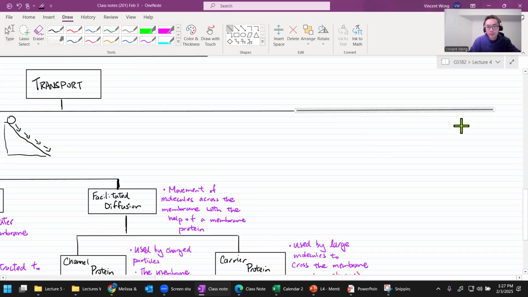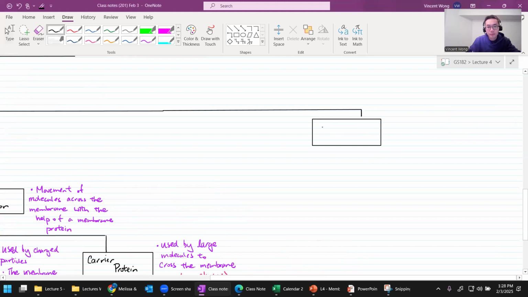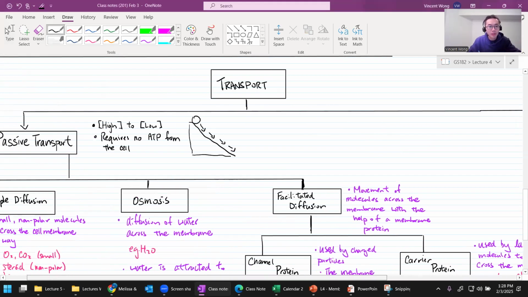Over here, we're going to have active transport. Okay, so for active transport, it is going from low concentration to high concentration, opposite to what we have here.